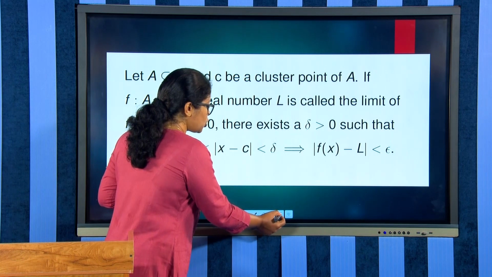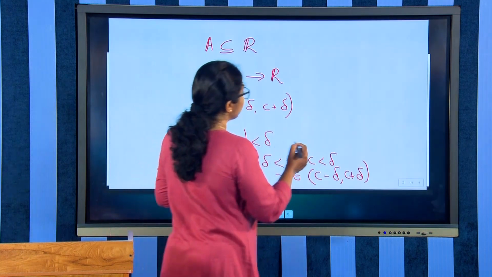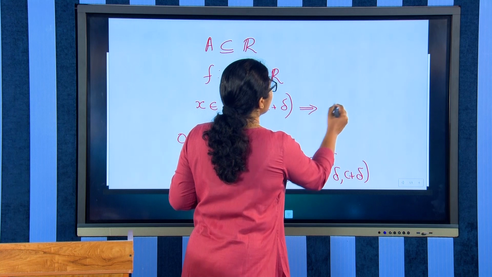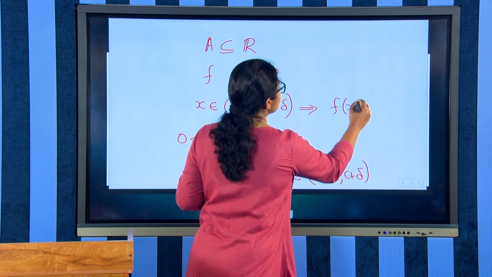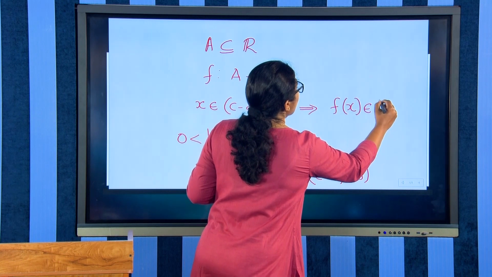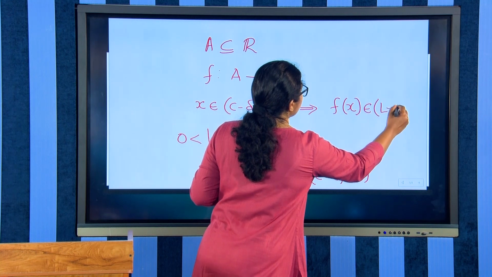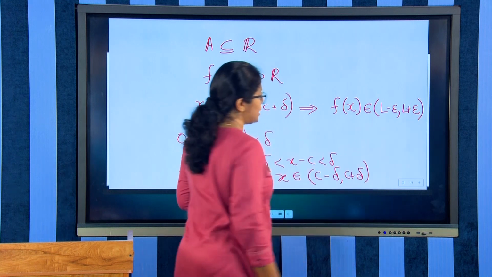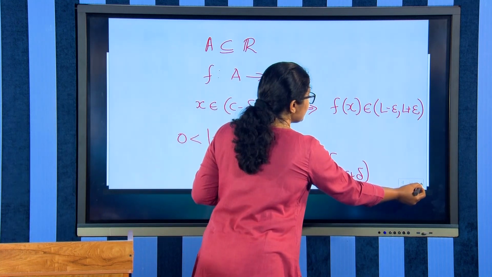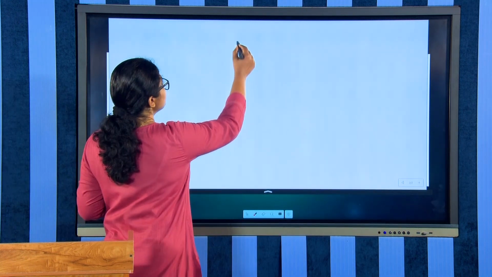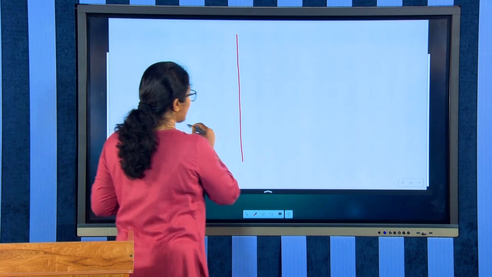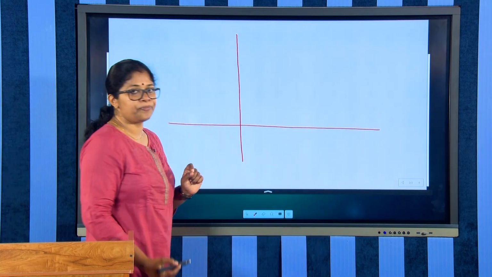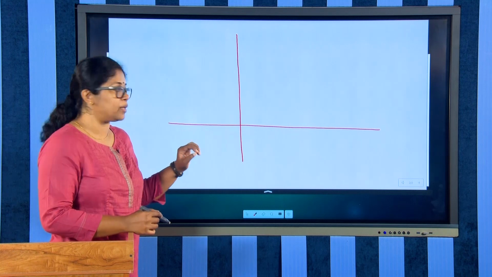Let us see a geometrical approach. This should indicate that f of x lies in the epsilon neighborhood of L. That means it should be something like this: (L minus epsilon, L plus epsilon). If we have the x axis and the y axis, always we plot x on the x axis.